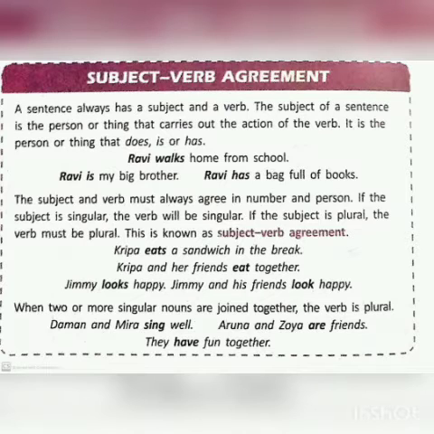When two or more singular nouns are joined together, the verb is plural. Daman and Meera sing well. Arun and Joya are friends. They have fun together. So two or more singular nouns, we all know, if we join them, then it becomes plural. And then the verb has to be written in plural.